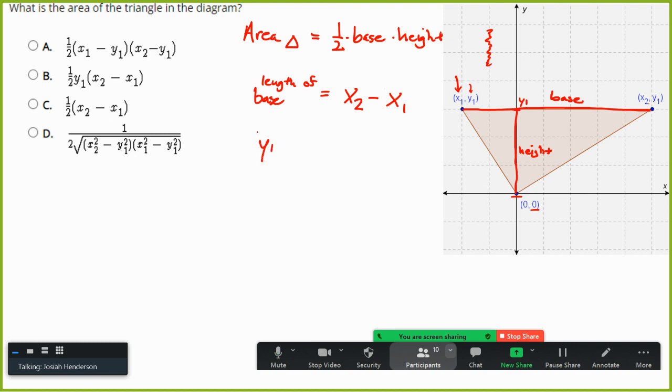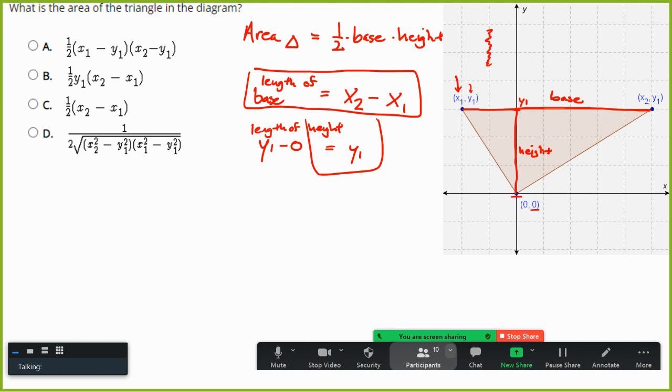So the length of height is y1 minus 0, but y1 minus 0 is just itself. So it's just y1. So there's our base, and here's our height. So the area of this whole triangle will be 1/2 times x2 minus x1 times y1.